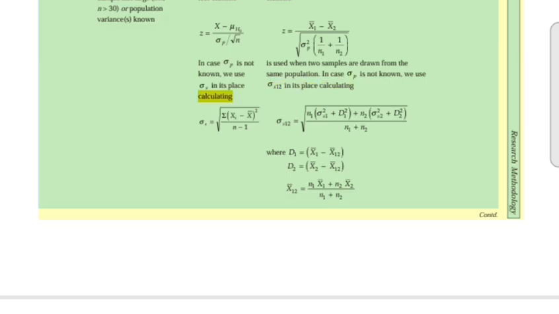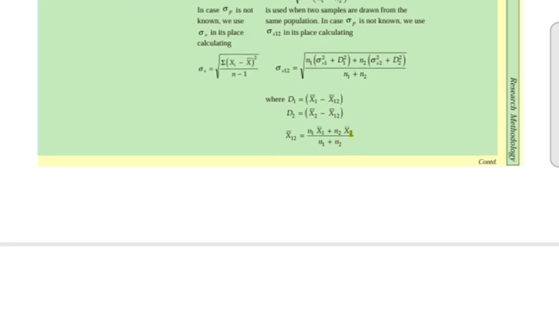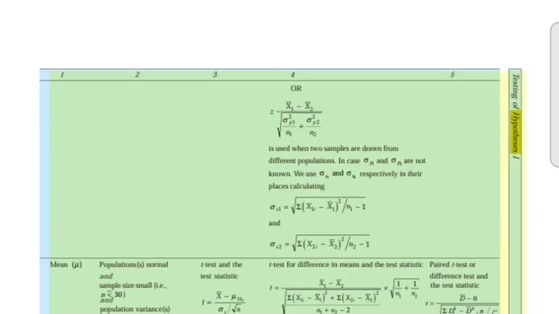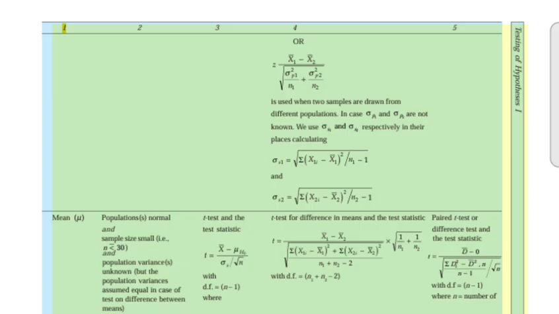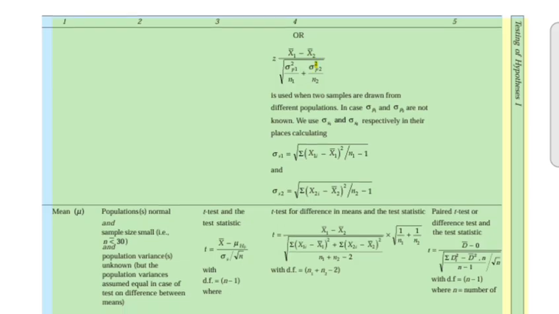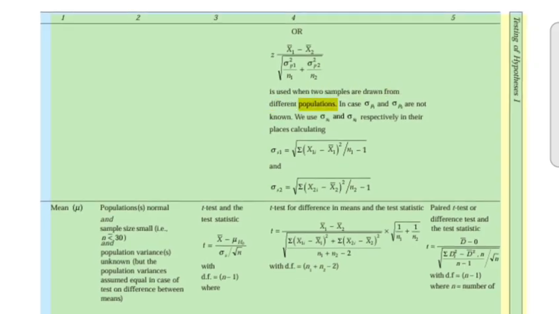Calculating σs, and the corresponding formulas for the two samples. The other form is used when two samples are drawn from different populations.